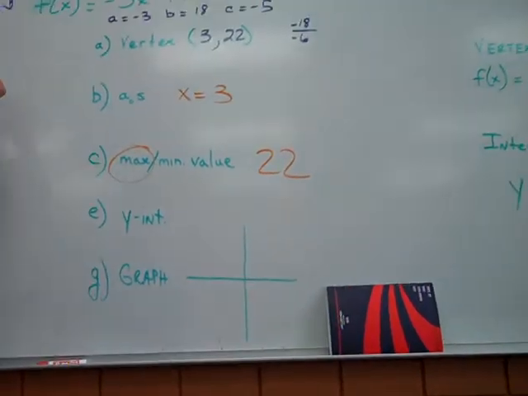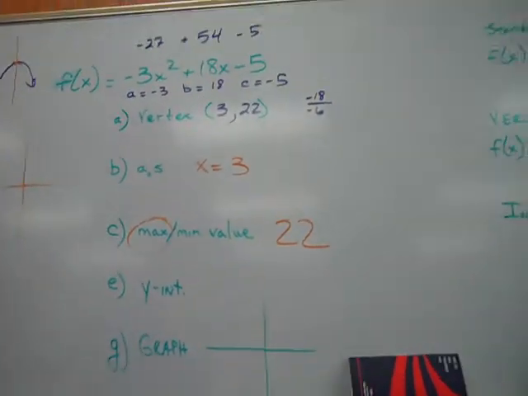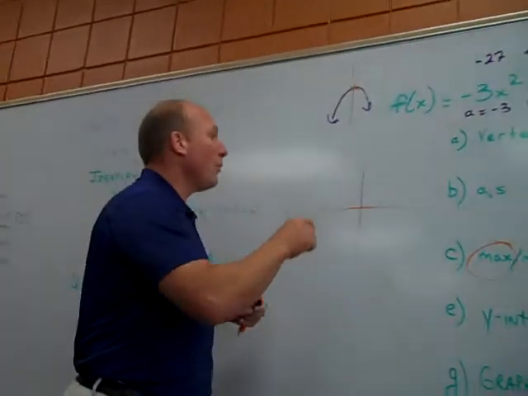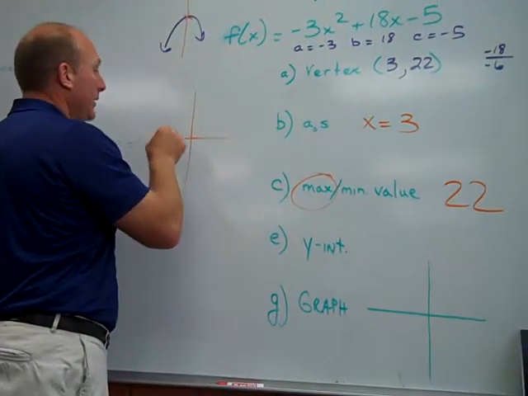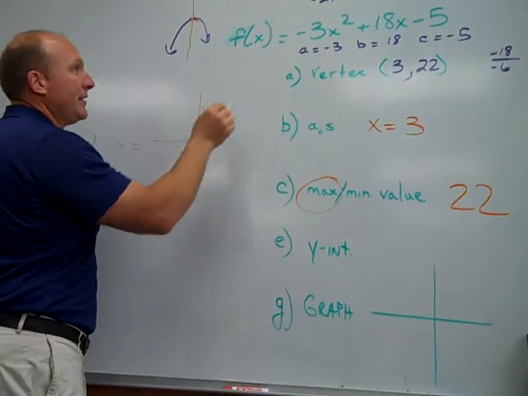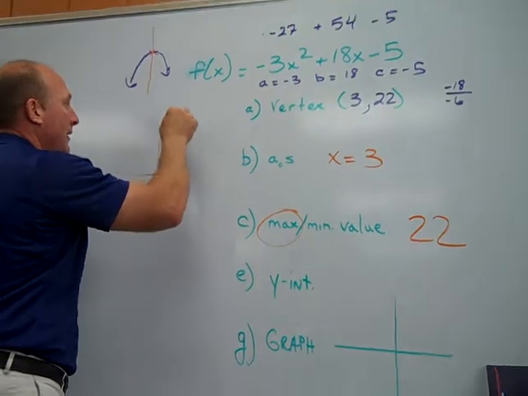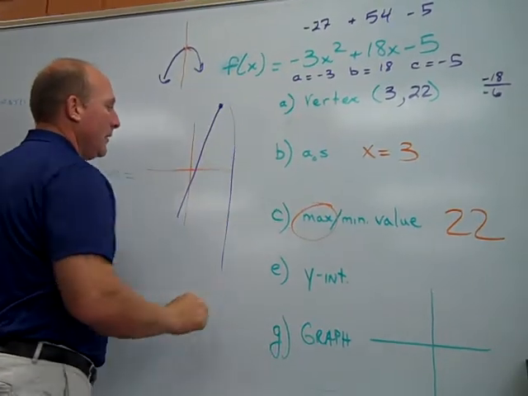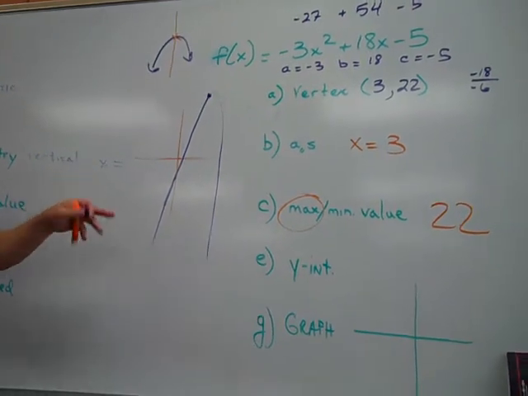Here's the one we hadn't talked about. Y-intercept. Remember what a Y-intercept is? It's where your picture crosses the Y-axis. So guess what? If this is negative, 3 is way up here. That's a kind of how bad does that look? Really bad, yes.